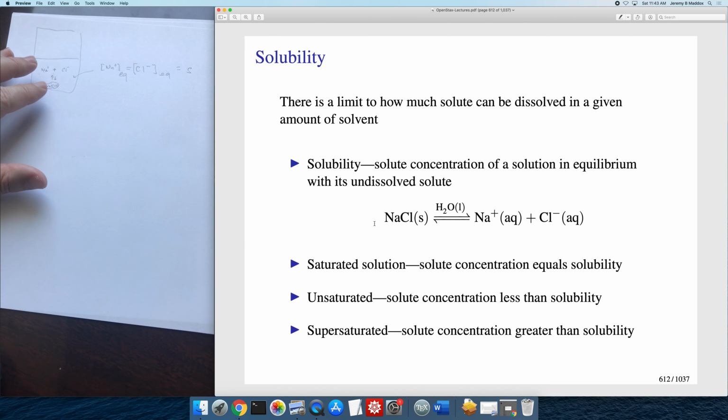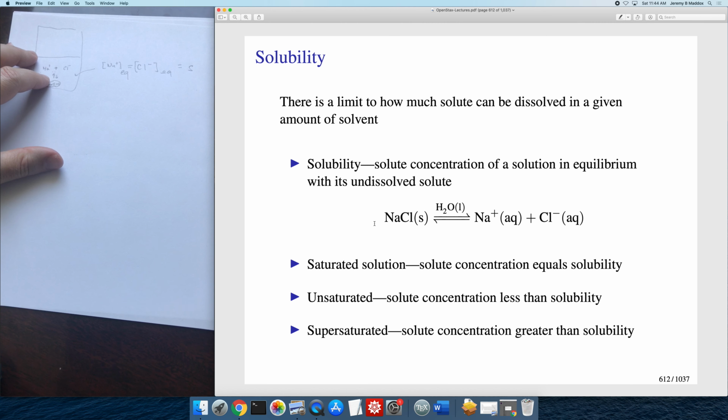There's all sorts of different ways to express the solubility, but it's a concentration when you have an equilibrium established between the undissolved solid and the dissolved ions.